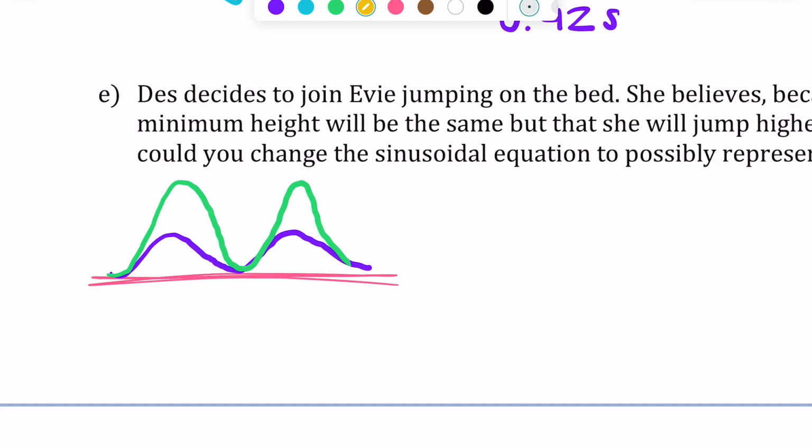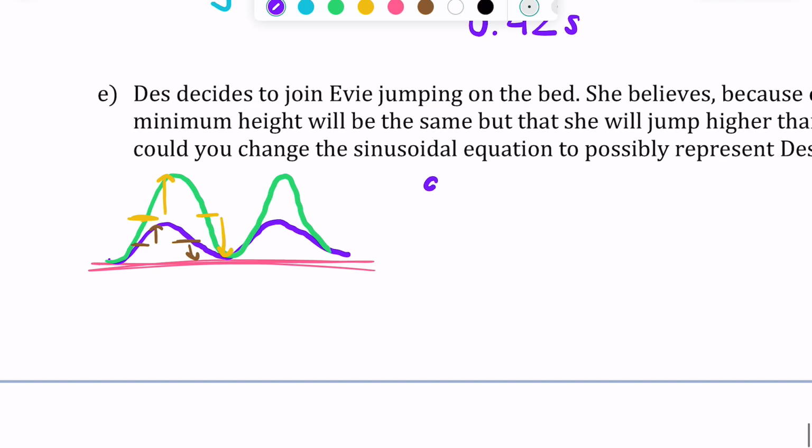Now, first things first, I know a couple of things. My A value represents my amplitude. My amplitude is the distance from my midline to the top, or from my midline to the max, or to the bottom, sorry. Now, that's true whether I'm Evie or whether I'm Des. Now, if I am Des and I'm jumping higher, I'm going to have a higher amplitude.